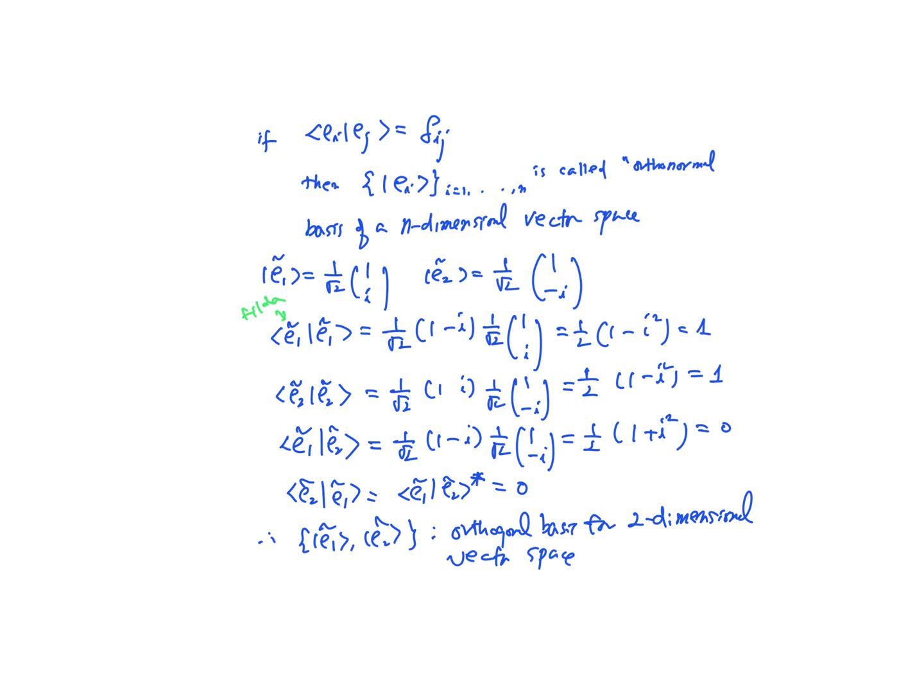Another obvious case. Say E1 prime is (1, 0) and E2 prime is (0, 1). This is obvious, right?